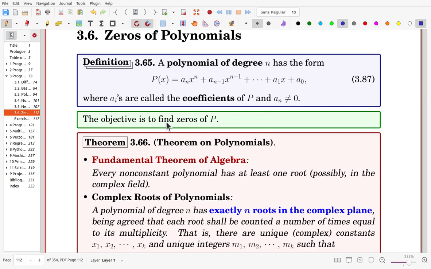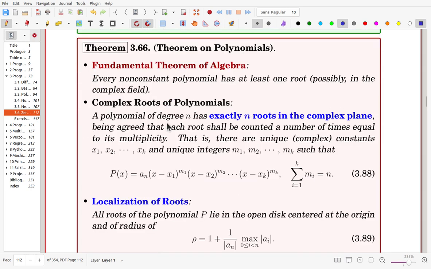Let's begin with some theory on polynomials. The fundamental theorem of algebra says that every non-constant polynomial has at least one root, possibly in the complex field. Here, each root will make a linear factor in the polynomial, so we can rephrase this statement as follows.